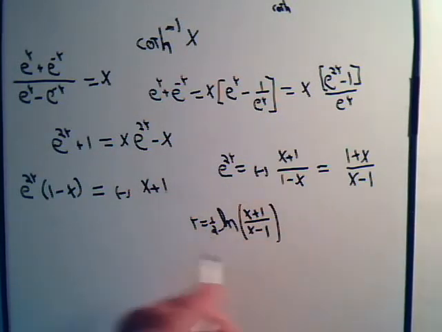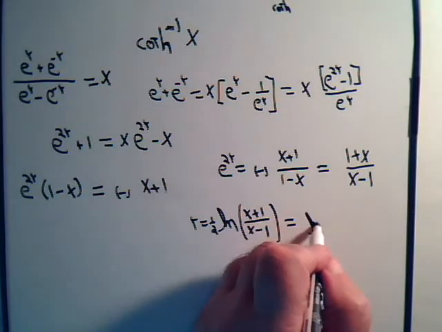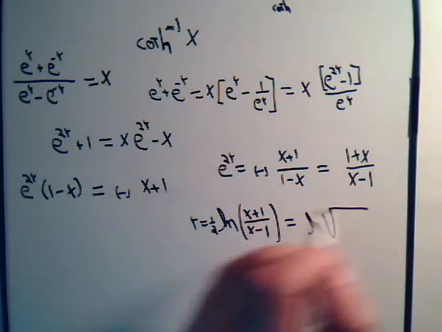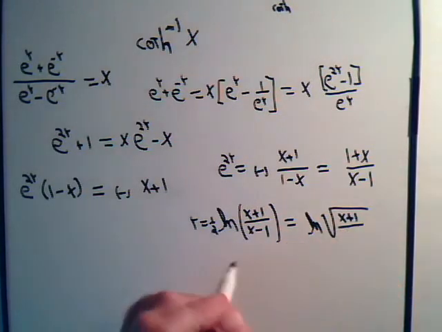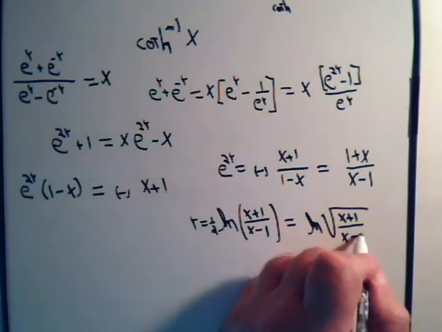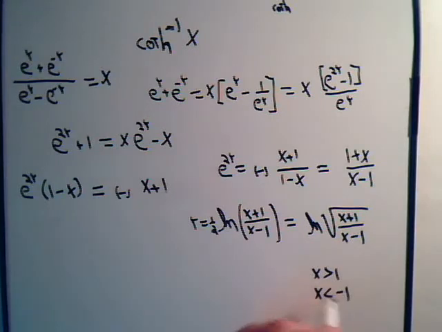Or, based upon our property of logarithms, we could say that this would equal the natural log of the square root of x plus 1 divided by x minus 1. Remind ourselves now, x is always greater than 1, or x is always less than -1.